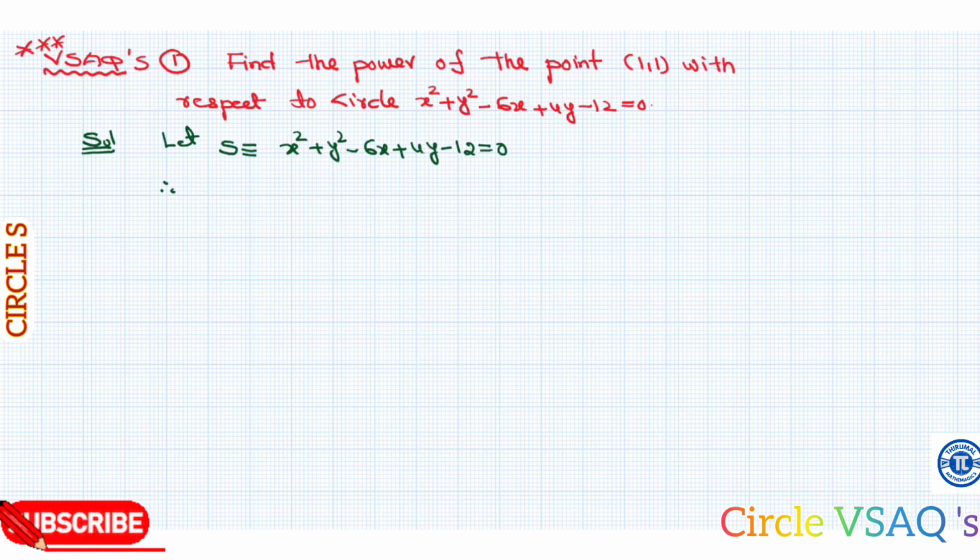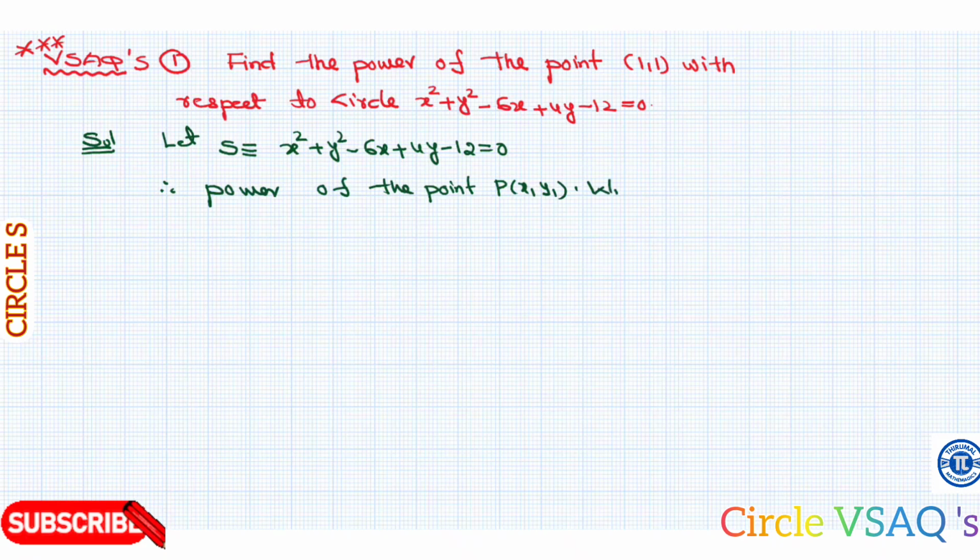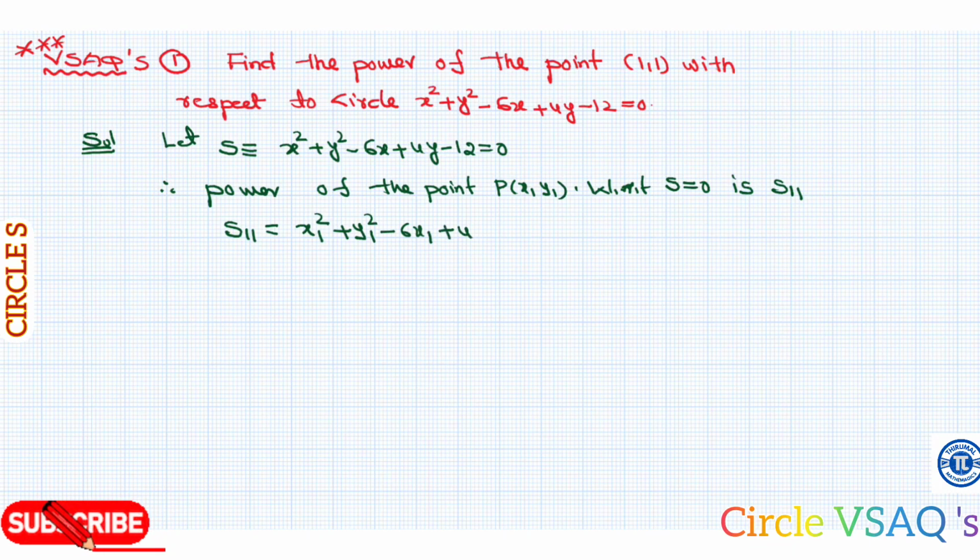Okay, now the formula: the power of the point P(x1, y1) with respect to the circle S equal to 0 is S11. Okay, that is the formula. Now the S11 notation, from the given circle, is x1 square plus y1 square minus 6x1 plus 4y1 minus 12 equal to 0.